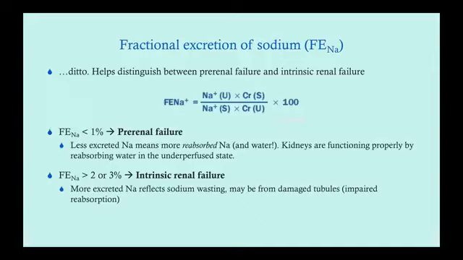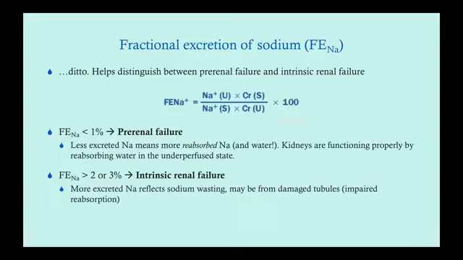Now, the cutoff for intrinsic renal failure is, they disagree, 2 to 3%. I imagine the USMLE, if they give you a fractional excretion of sodium that they want you to link to an intrinsic renal failure case, it'll be high. It'll be like 3.8 or something like that. So if you have a high fractional excretion of sodium, what that's telling you is that you're wasting sodium. You're not reabsorbing the sodium you need to reabsorb.